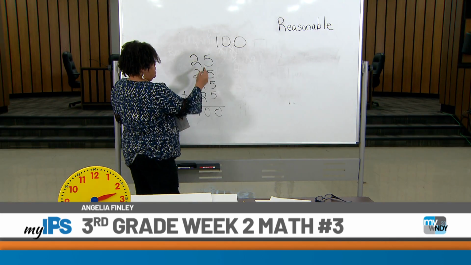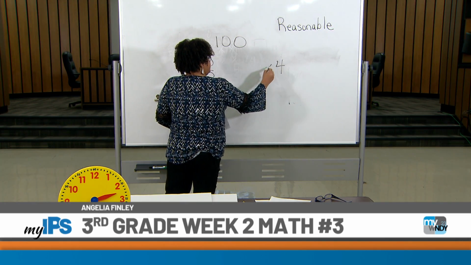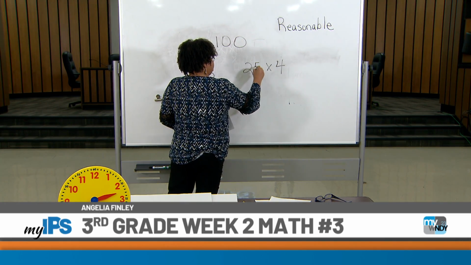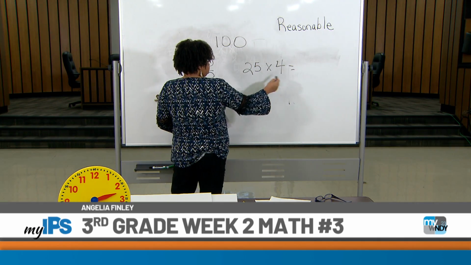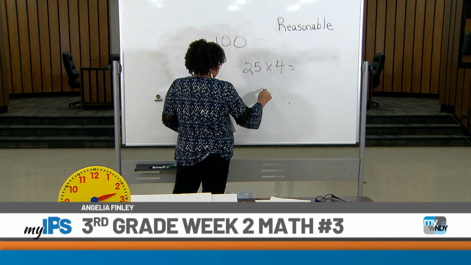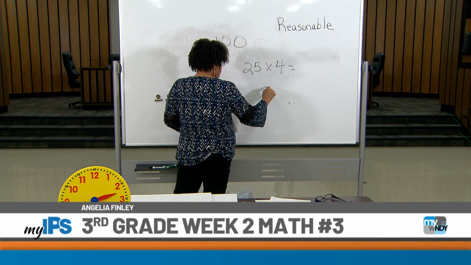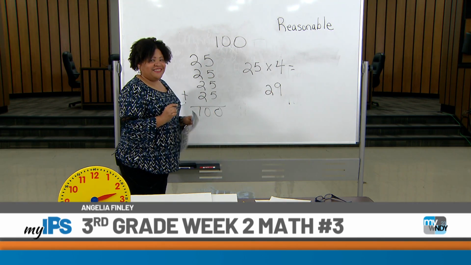So 1, 2, 3, 4. So I did 4 times 25 to equal 100. And the problem is telling us that the sum of these 2 numbers means to add these 2 numbers also. So 25 plus 4 is going to give me 29. All right? There we go.